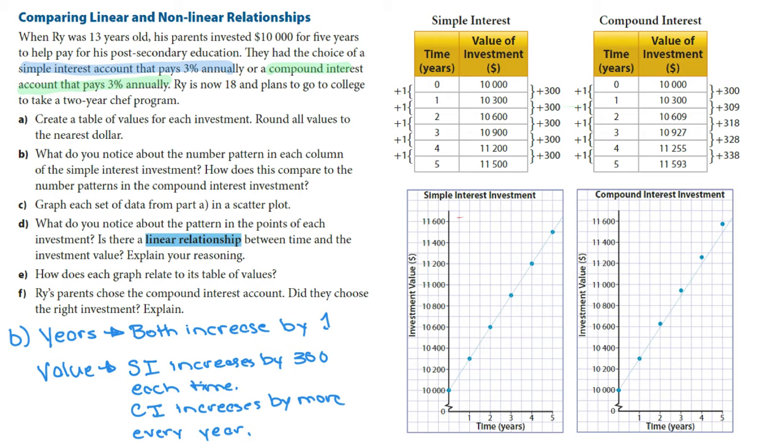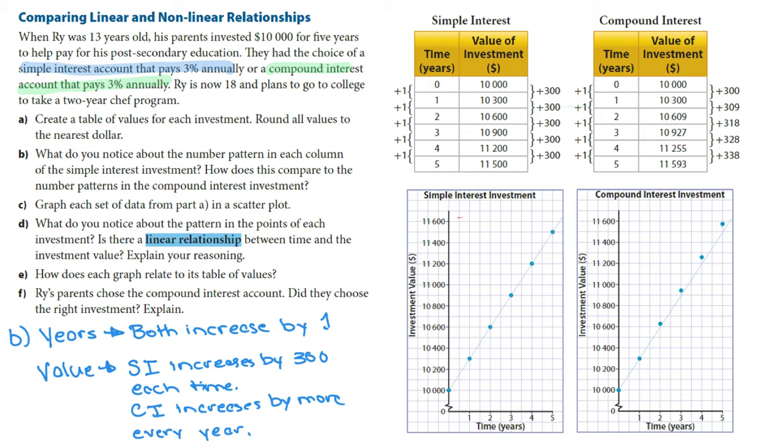And then the dependent variable is the value of the investment, because the value depends on the number of years that have passed, right? So you can see each point for the 5 years graphed on each graph. So what do we notice about the pattern in the points of each investment? So is there a linear relationship?